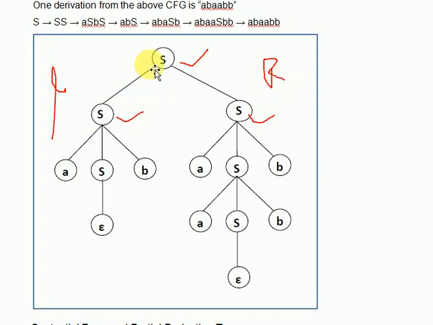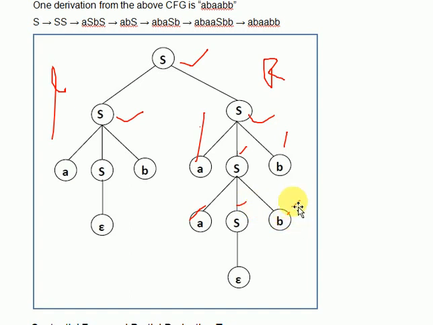So the leftmost is derived first, and S is expanded into ASB. Now S is again expanded into epsilon. Here again the rightmost S we expanded into A, S and B. Now this S is again expanded into A, S, B.